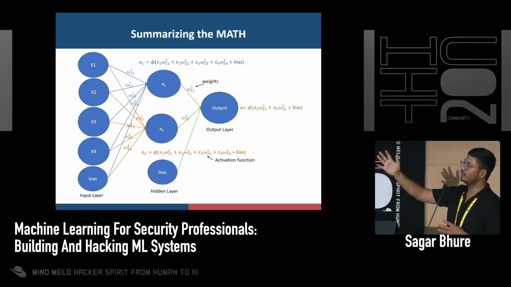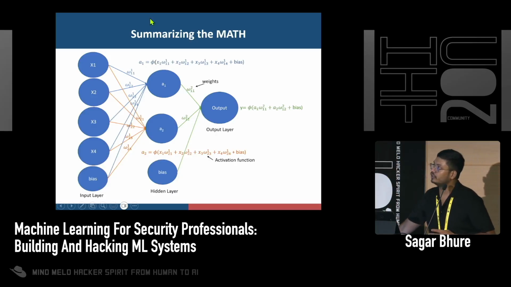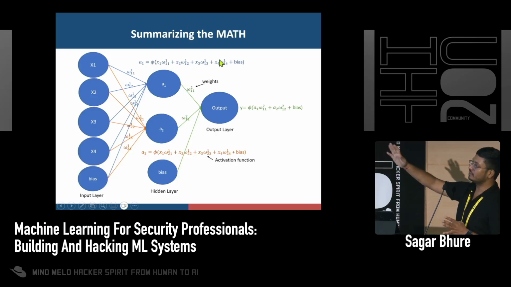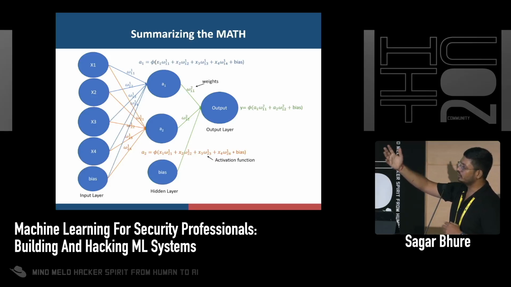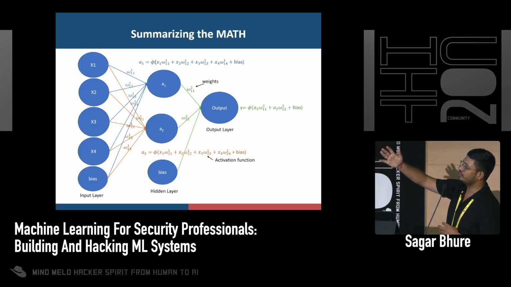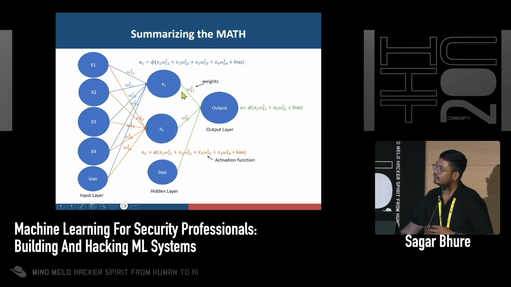When you go from the input layer to the hidden layer, you multiply by the weight and then you add a bias to it, in the blue at the top over here. Now A1 is basically a summation of all that: x1 times W11, which is weight 11, x2 times weight 12, on all the blue lines that you see here.